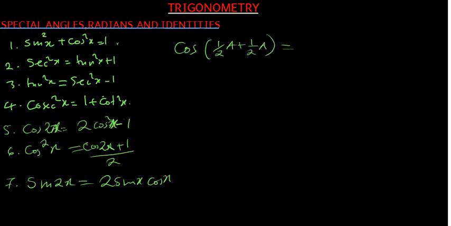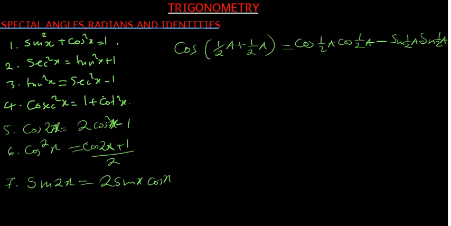Remember we said when we are working with these identities, you first get cos, you get the first angle which is 1 over 2a, and then get again cos, get the second angle which is still 1 over 2a, and then subtract, go to sine. So that will be sine, get the first angle which is 1 over 2a, and then again another sine, get the second angle which is 1 over 2a still. Now 1 over 2a plus 1 over 2a will give us 1, like half plus half is 1. So that is where this is coming from.